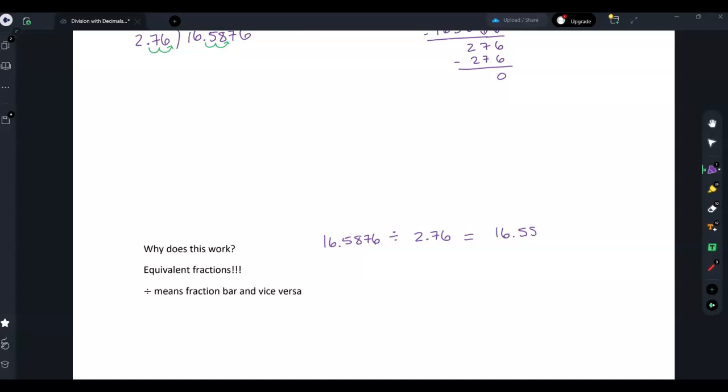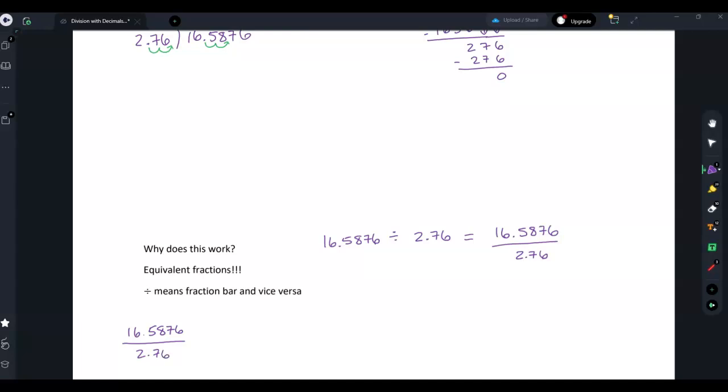Division bars are the same things as fraction bars. So we can just think of this as that number over 2 and 76/100ths. And then we would never write a fraction that way, right? So we don't leave decimals inside of our fractions. So then how would we fix that?